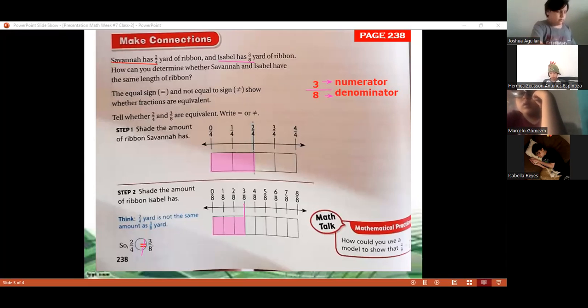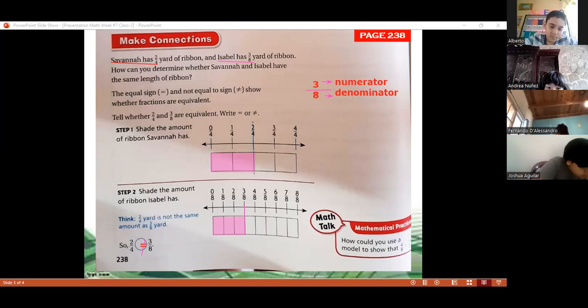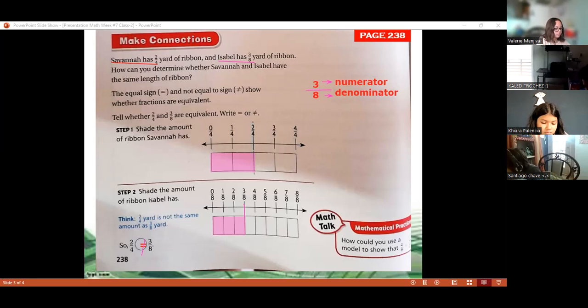Present. Nia Valentina. No. Rosa, Valerie, and Sian. Present. Okay, Sian is not here. Alberto, Dani, and Fernando. Present. Hermes, Joshua, and Caleb. Present. Marcelo, Santiago Hernández, and Santiago Chávez. Present.